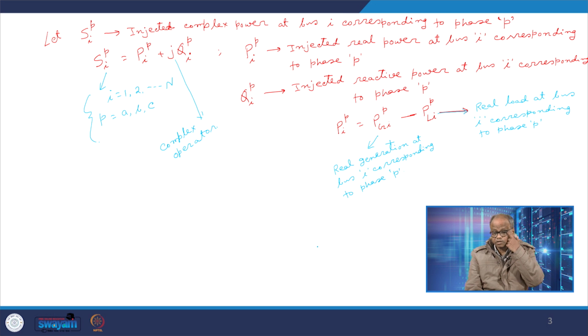Obviously, if at any bus PG_i^p is 0, then P_i^p is equal to minus PL_i^p. All these things are known.